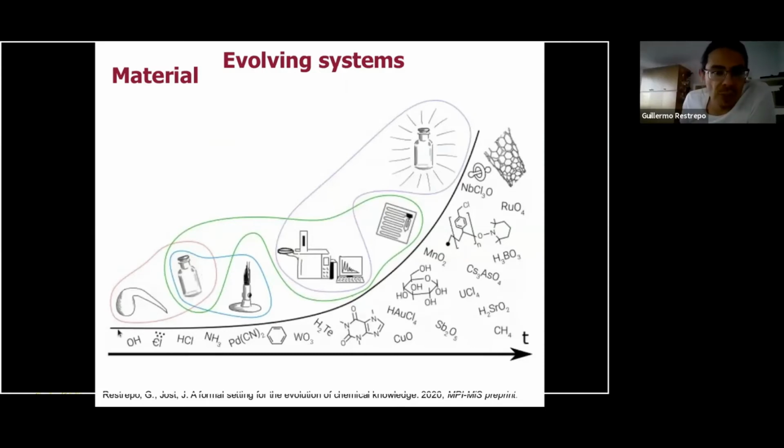With this kind of cartoon, I'm trying to show different historical depictions of substances, for example those used in ancient times. With the passage of time, the number of substances is growing very fast.